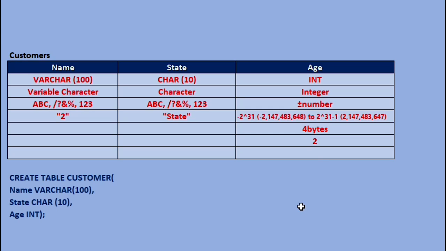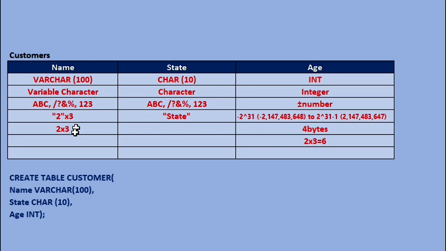For example, we can multiply 2 by 3 and get 6. So this multiplication is possible because int is a number. Now, let's say we want to do the same thing under varchar or char and multiply 2 by 3. Our output will be 2 times 3.